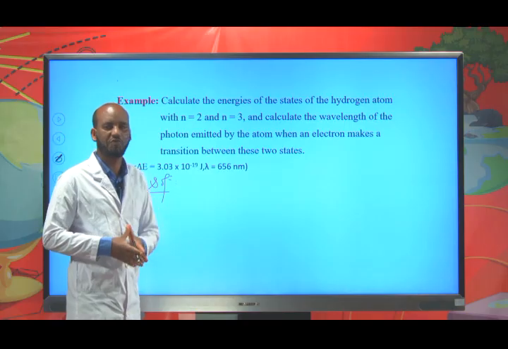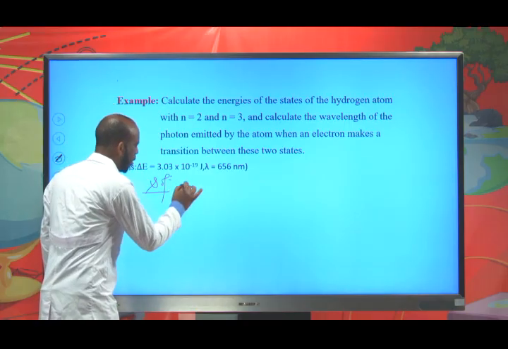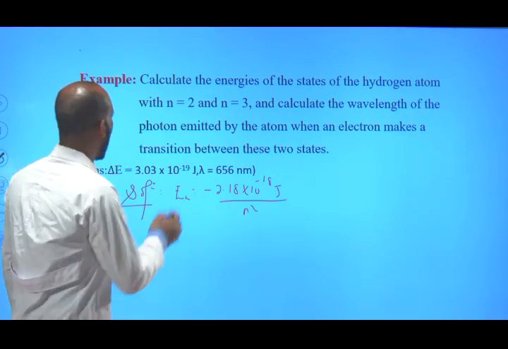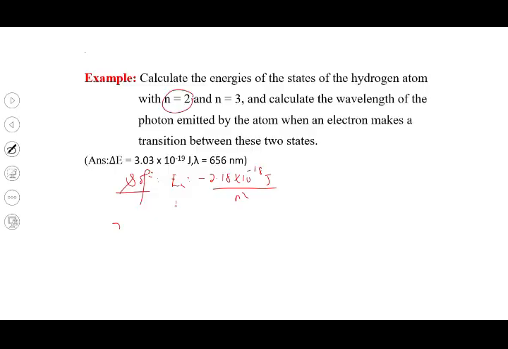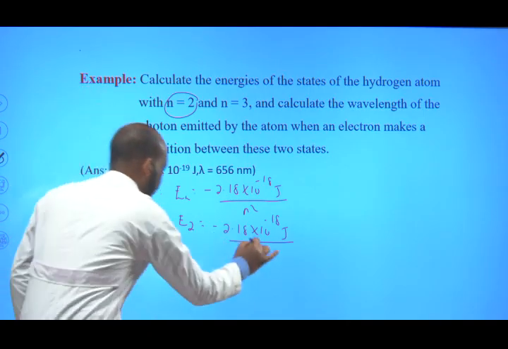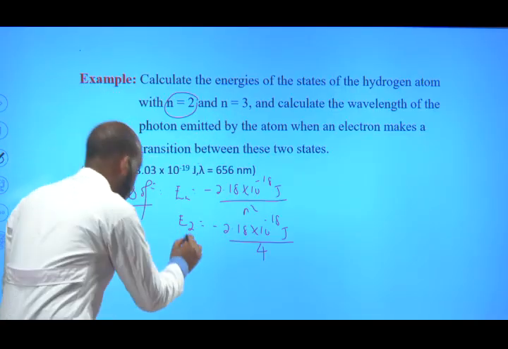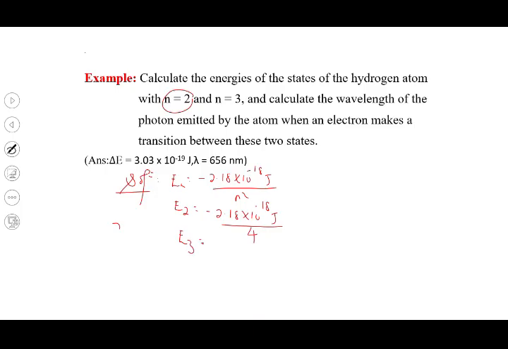We know that the energy of an electron in each orbit is calculated using the formula En equals minus 2.18 times 10 to the power of minus 18 joule divided by n squared. Therefore, the energy of an electron in the second orbit, n equals 2, is E2 equals minus 2.18 times 10 to the power of minus 18 joule divided by 2 squared, which is 4. The energy of an electron in the third orbit is E3 equals minus 2.18 times 10 to the power of minus 18 joule divided by 3 squared, which is 9.